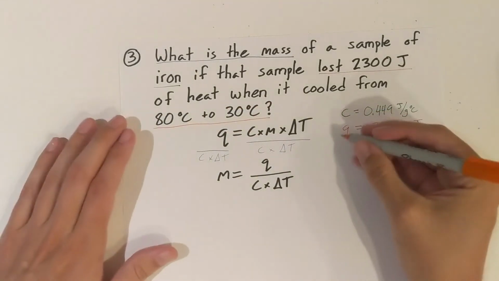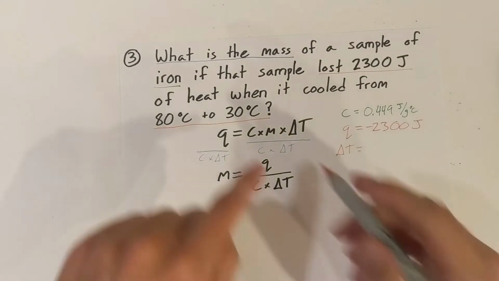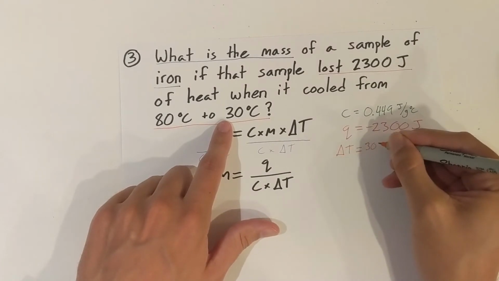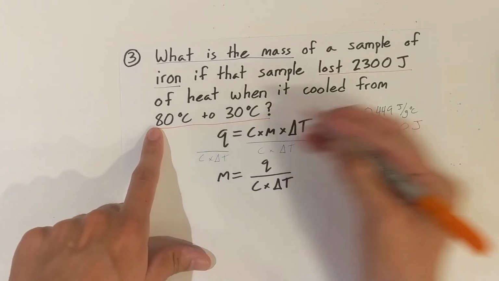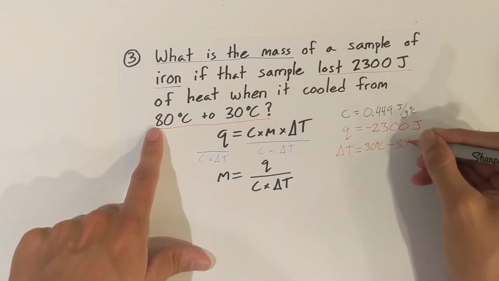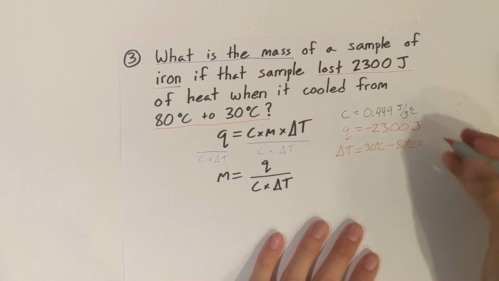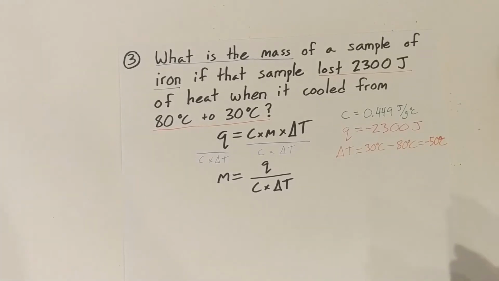So we got to think delta T, final minus initial. Our final was 30 degrees Celsius minus 80 degrees Celsius. So we don't need a calculator for this one. 30 minus 80. Our change in temperature is negative 50 degrees.